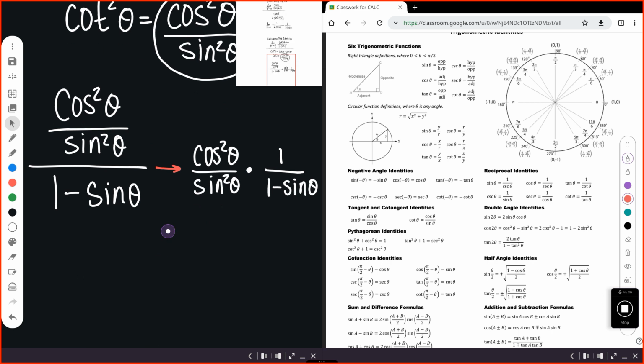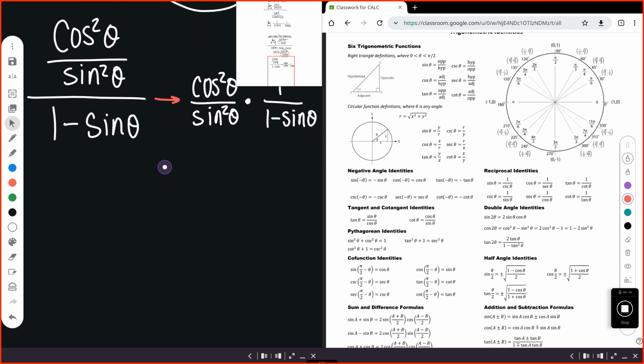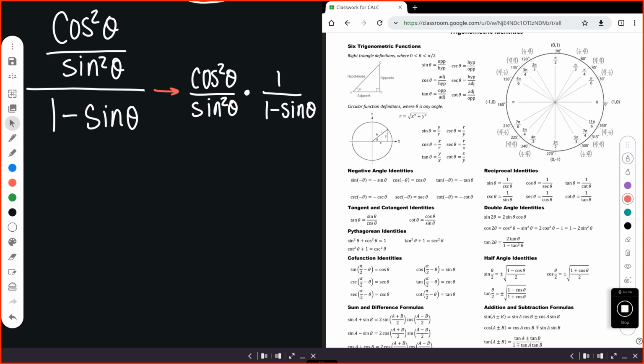Let's continue to clean this up a bit by multiplying them, and then you get cosine squared theta times 1, over sine squared theta times 1 minus sine theta. Okay, that looks a lot better, but still not where we want to get to.